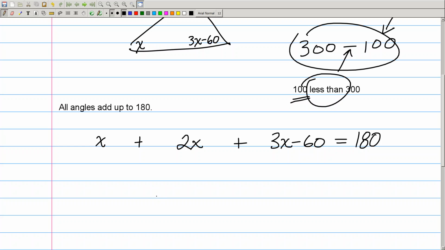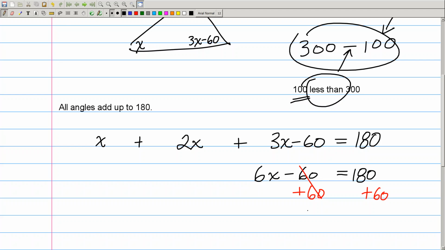Then all you do is collect like terms. You get 6x minus 60 equals 180. Notice how I'm lining up my equal signs. Then all I have to do is opposite operations to solve for x. What's opposite to subtracting 60? You go plus 60. Now the 60s will cancel on the left.